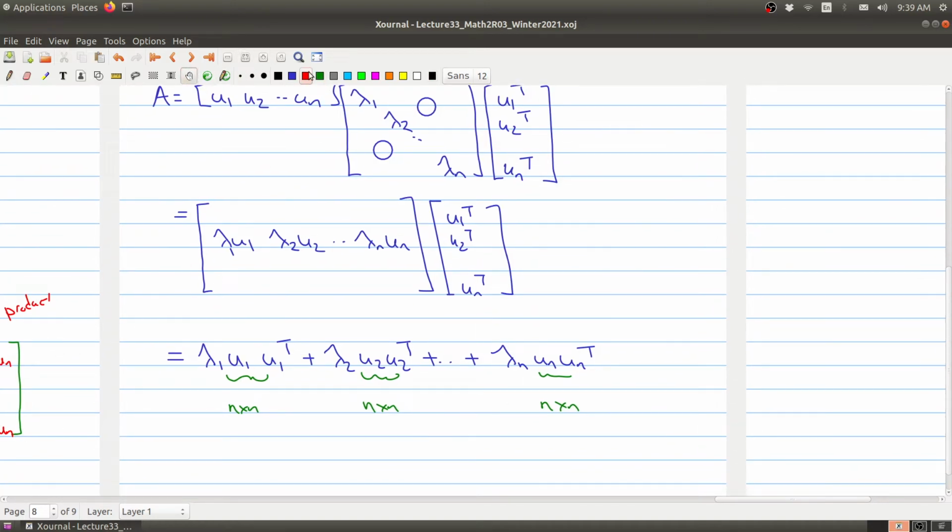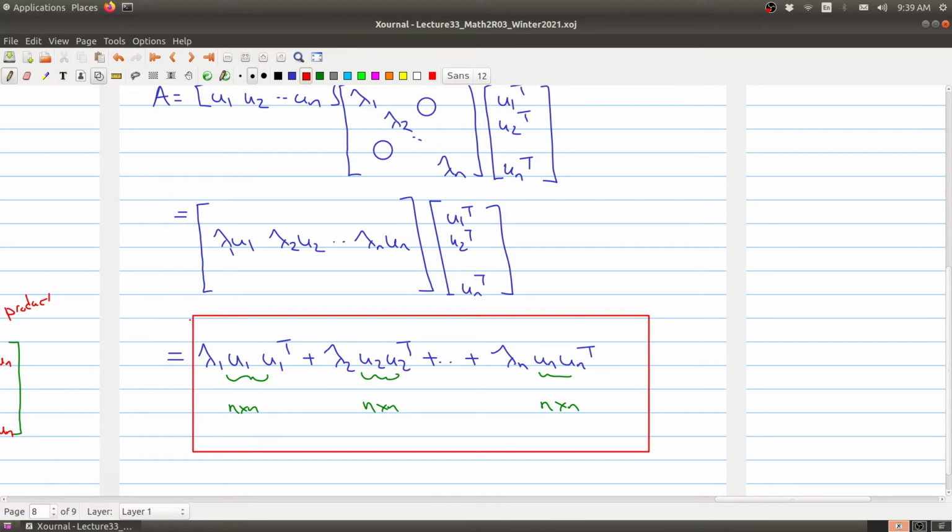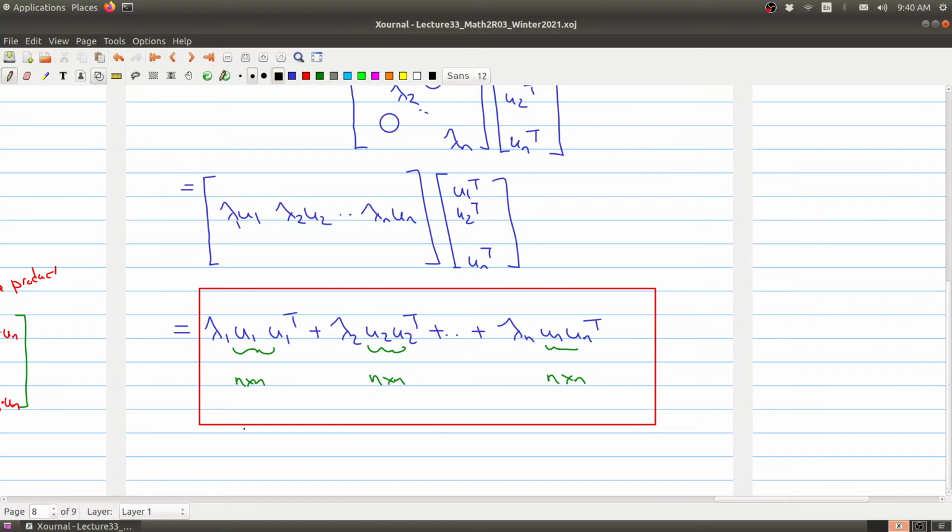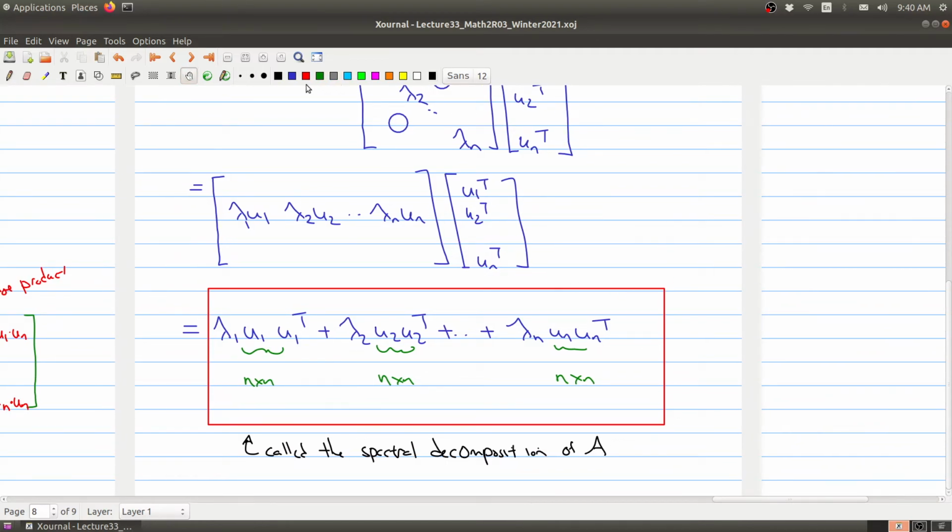And what this big thing here is called is the spectral decomposition of A. Maybe you've seen this word spectral before.